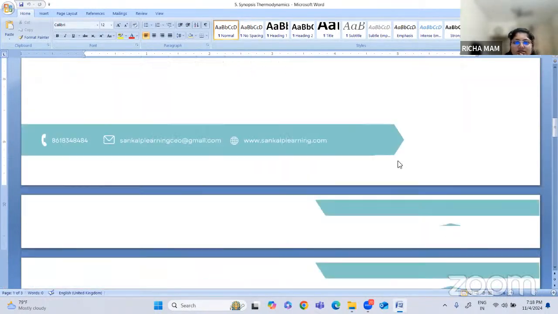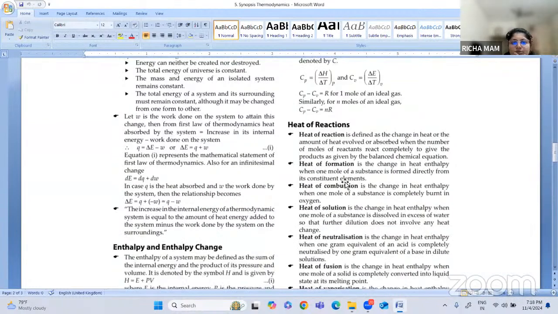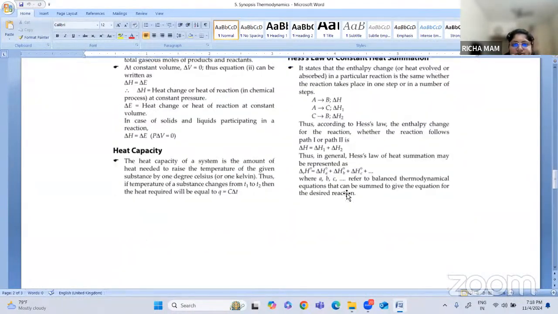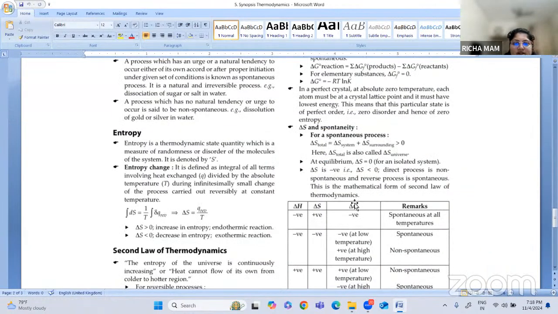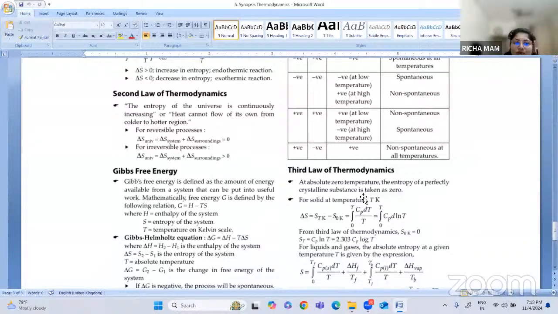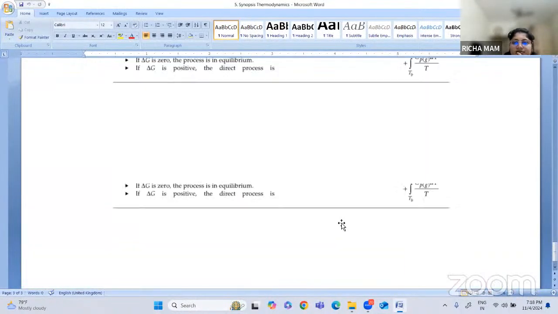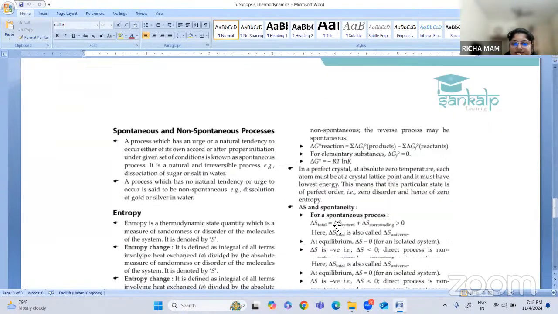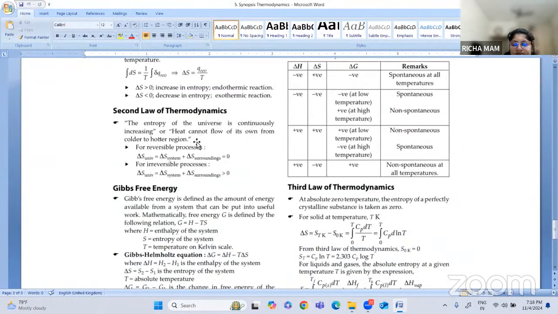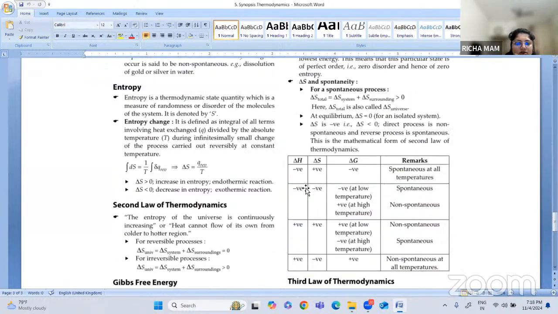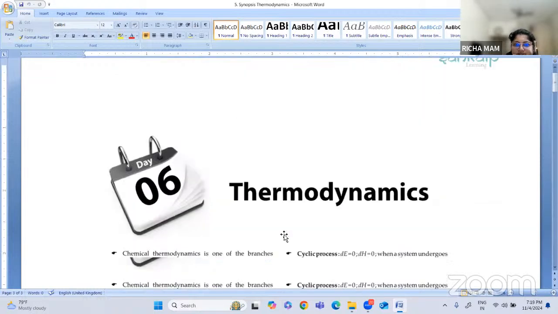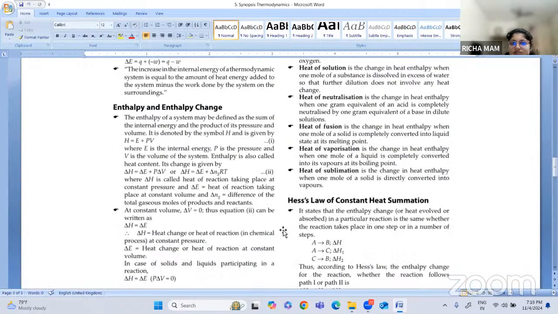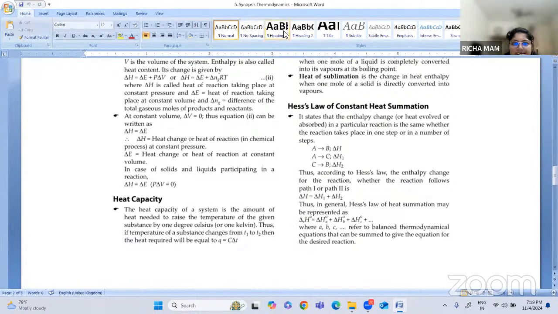Internal energy, first law of thermodynamics, enthalpy and enthalpy change, heat capacity, Hess law, spontaneous and non-spontaneous reaction, entropy, second law of thermodynamics which gives free energy, and third law of thermodynamics. These are the important things you have to remember from this particular chapter.